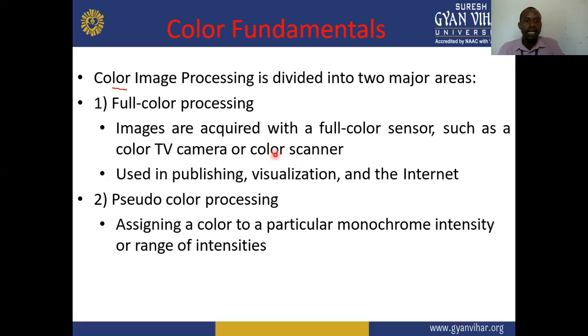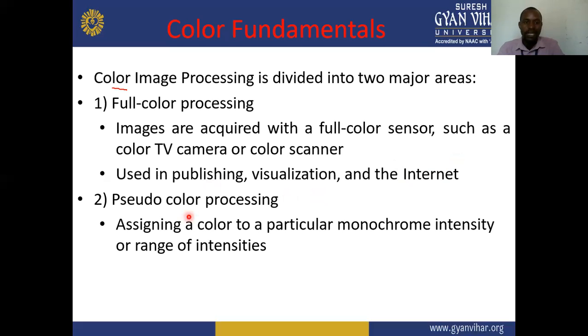So whenever we use full color processing, it can be used for visualization of diagrams, graphs, and pictures. You can use it for publishing of content, okay? And also we can use it for internet usage, displaying of video and images. That is videographic content.